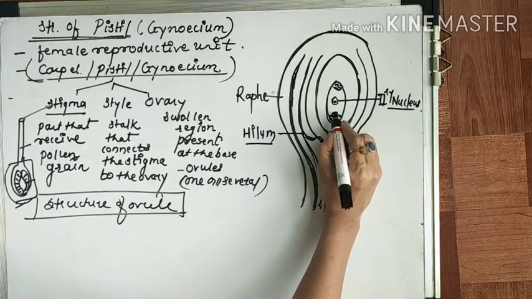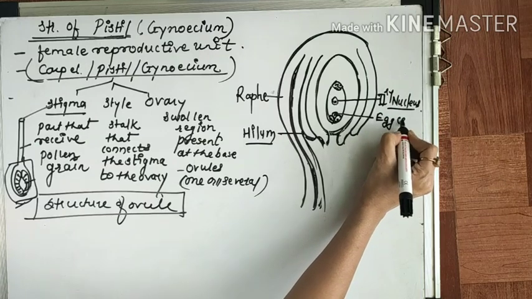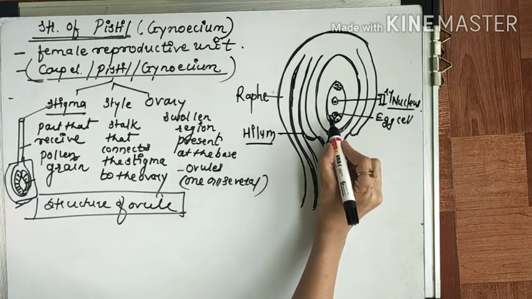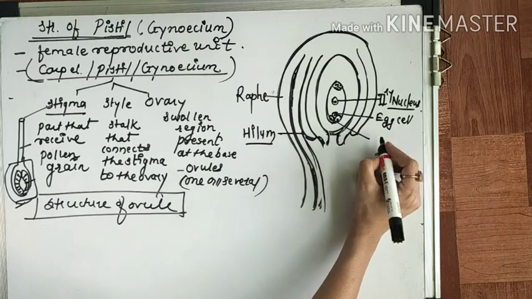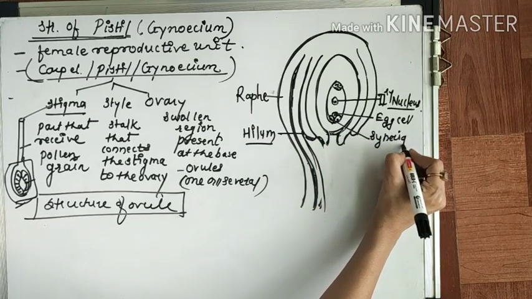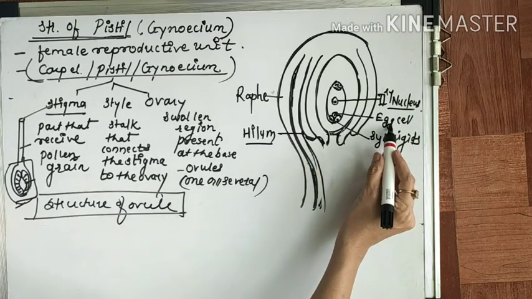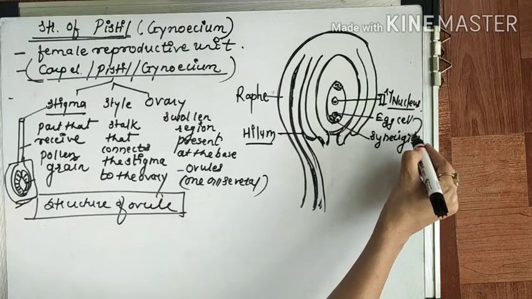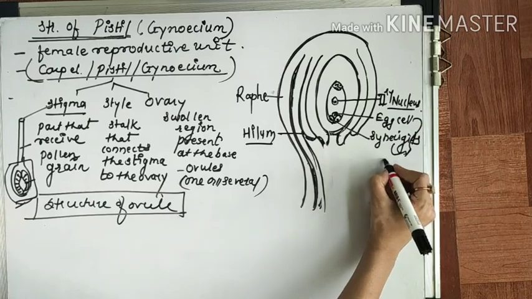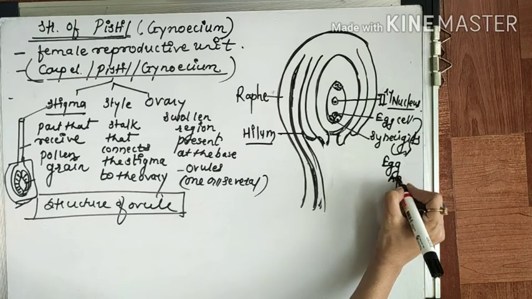Here in the upper one you can see that's called egg cell, and below the egg cell you can see these two structures, called synergids. So this egg cell and synergids together are called egg apparatus.